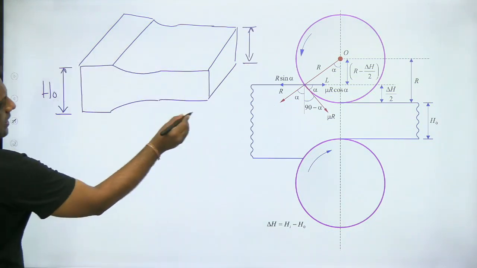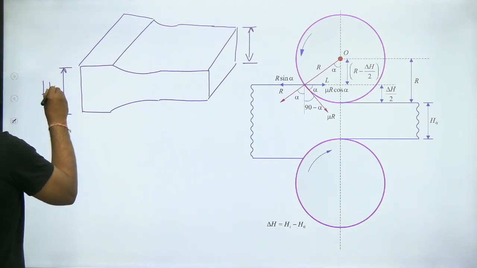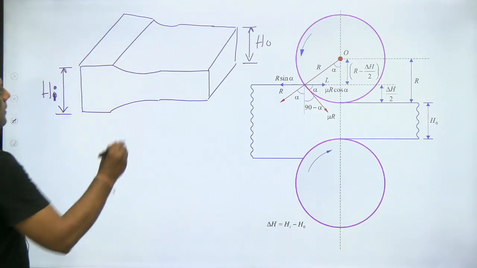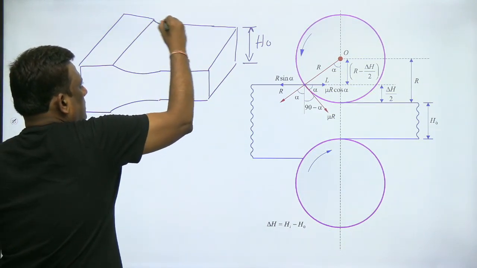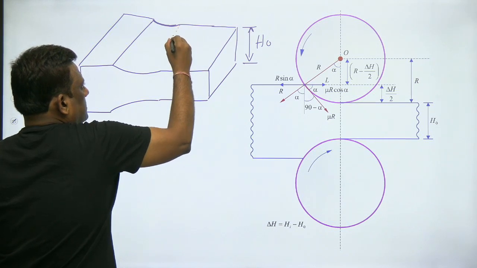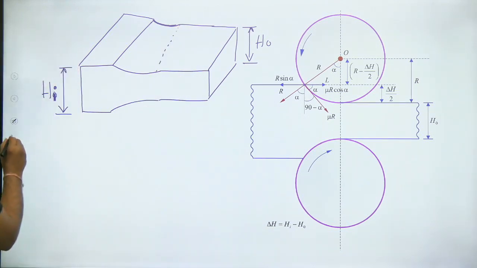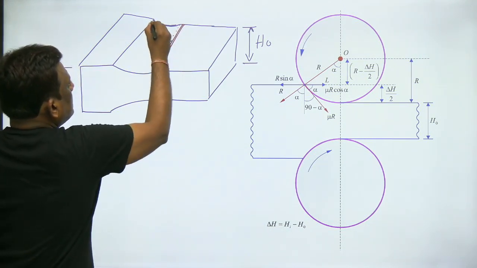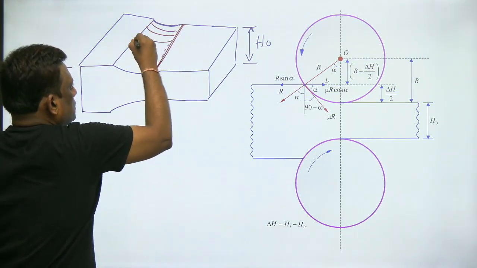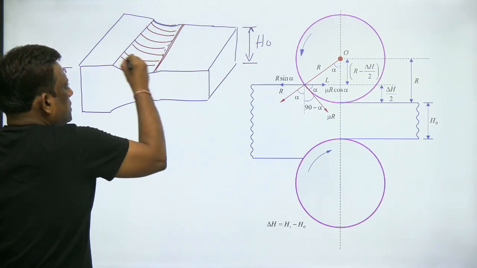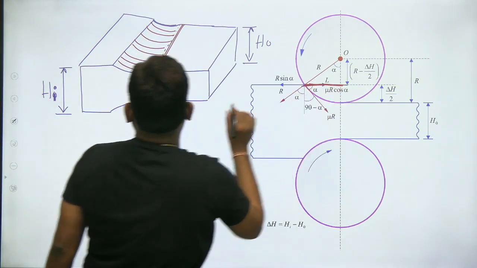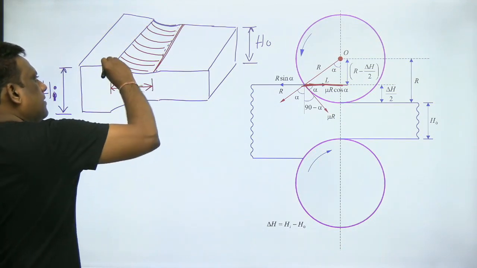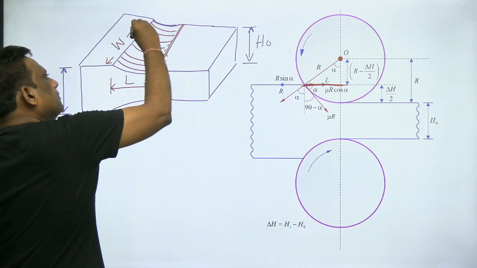Initial I'll take as HI, and the final thickness is H0. This is my deformation zone. Just now you saw the contact length is L and the width is W.